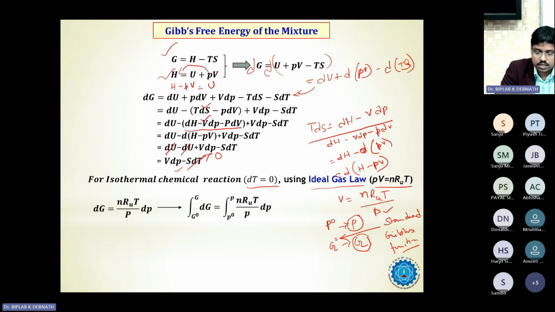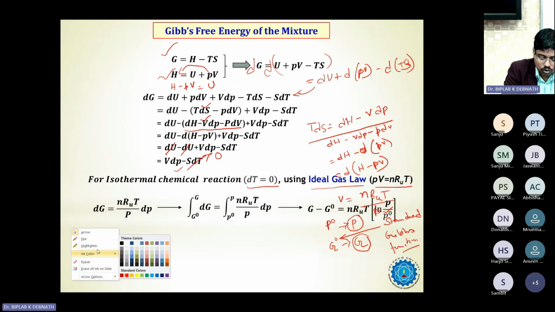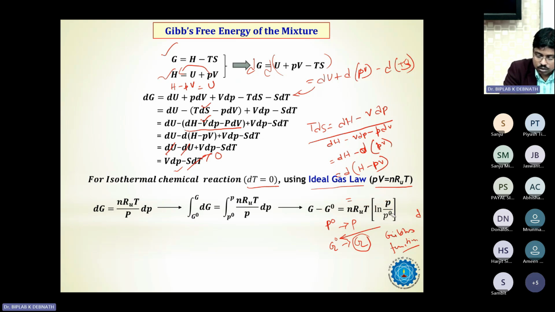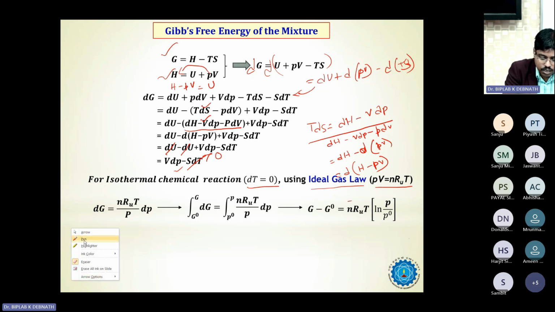So the equation changes to this: G minus G0, the integration, is equal to nRuT times the integral of dP by P. dP by P is ln P, with the integration range between P0 and P, so that is ln of P by P0.